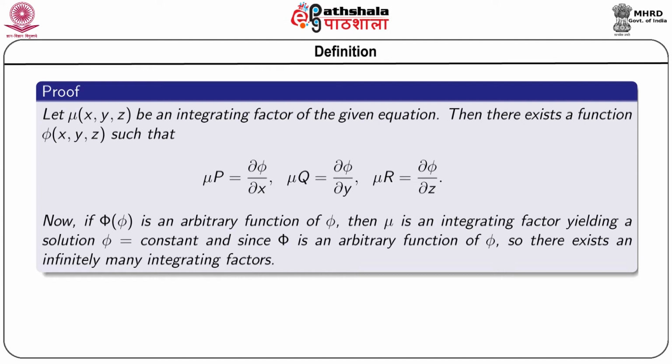Now, think z is not a constant. So, if we take z as a variable, then this part ∂phi/∂x dx + ∂phi/∂y dy + ∂phi/∂z dz can be written as d phi, and the rest is written in this form: psi dz = 0, where psi is the function mu R − ∂phi/∂z.